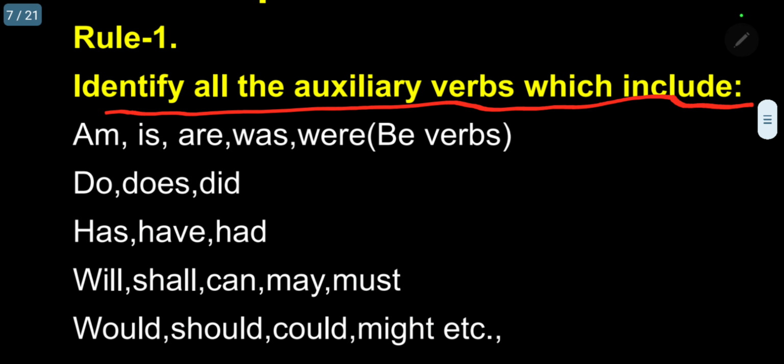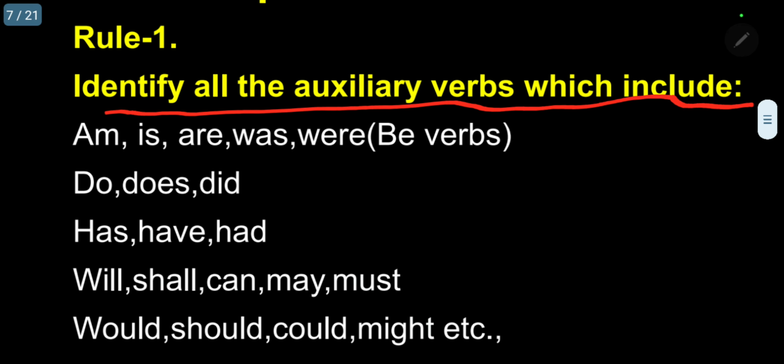I can classify the verb into two types mainly: finite verbs and non-finite verbs. Finite means in Tamil, mutru vinai. Non-finite means mutra vinai.